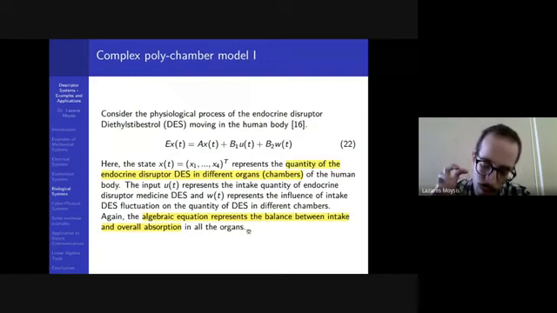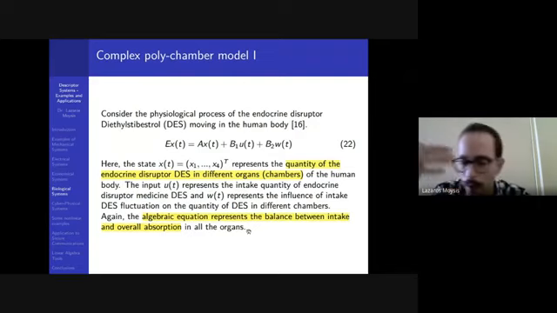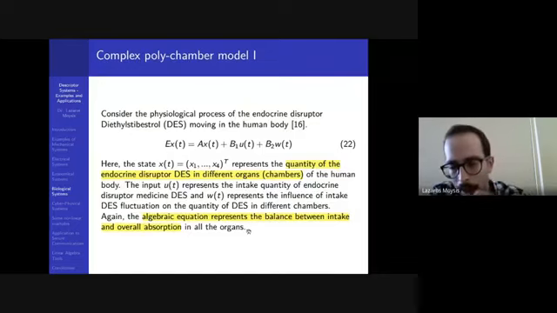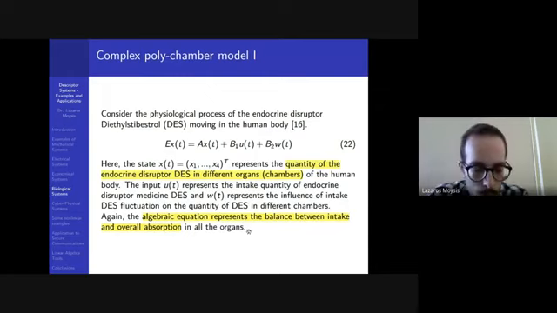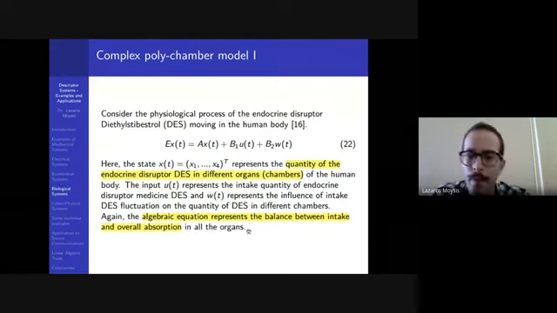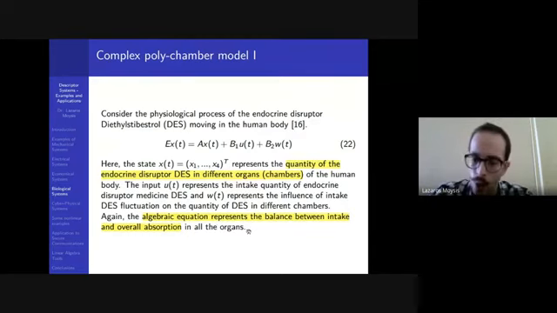So, you give the patient the medicine, it's going to go through different chambers in the body, like the liver, the intestine, the heart maybe. And we have some sort of algebraic equation describing the balance between the distribution or the concentration of the medicine. So again, potentially you can have a descriptor system appearing in a biological system.